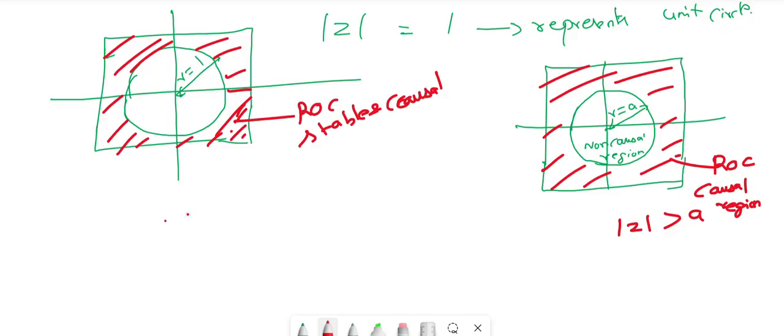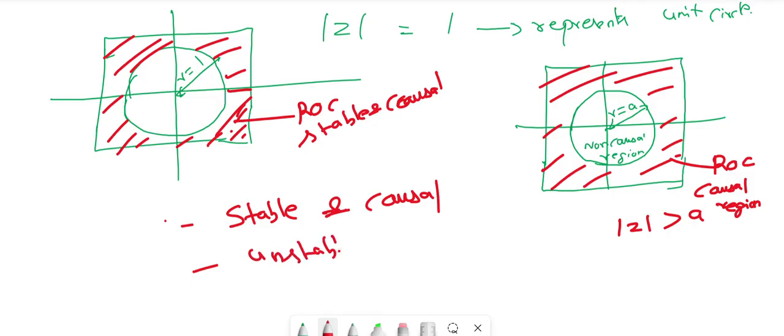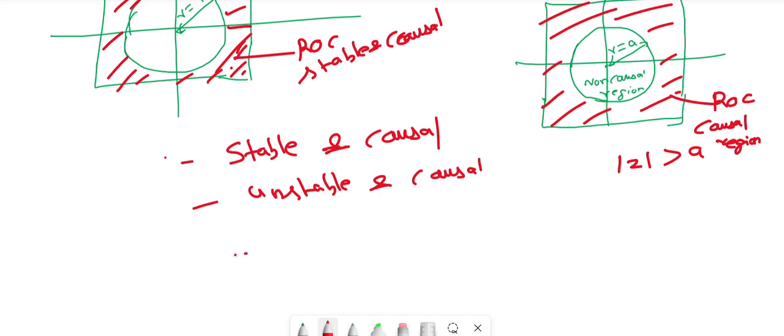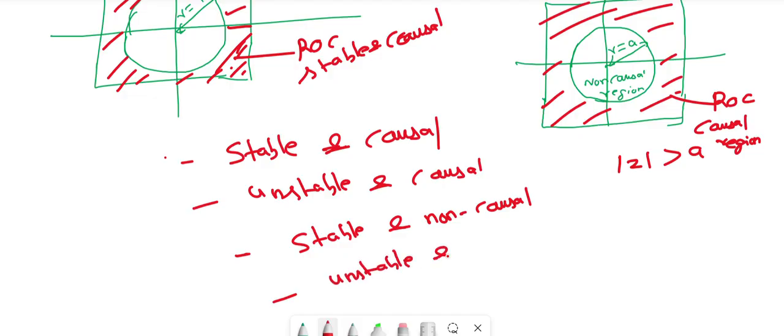So we can classify the system as stable and causal, unstable and causal, stable and non-causal, or unstable and non-causal.